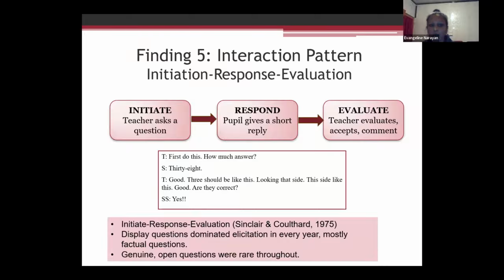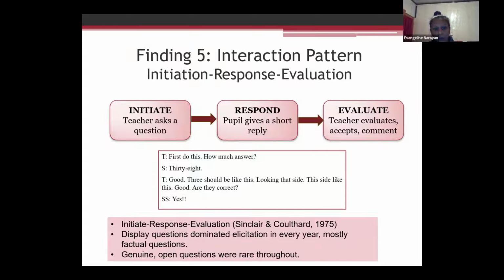This pattern is very similar to what was identified by Sinclair and Coulthard in 1975. This is not something that is found only in classrooms in Fiji, but across the globe, and it has been identified in many studies that focus on EMI. Another thing that I would like to highlight is the kind of questions the teachers asked in this study.